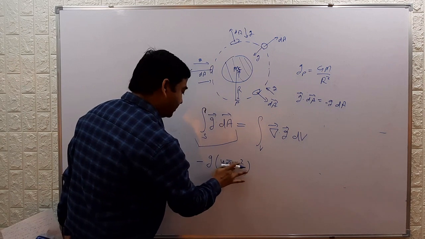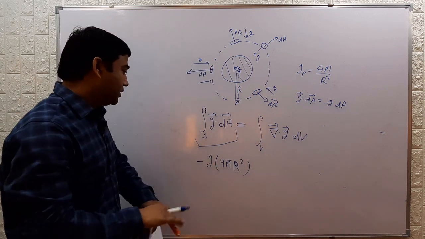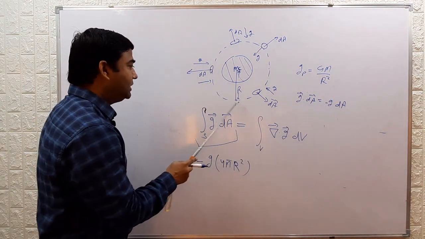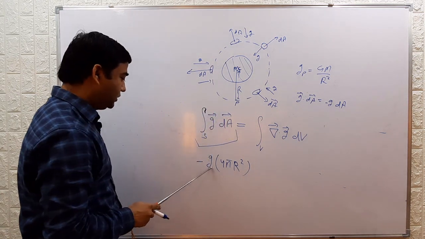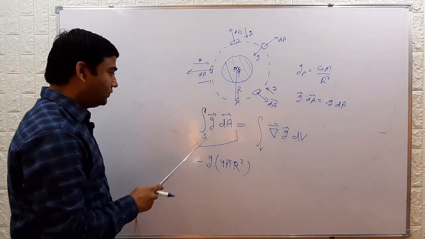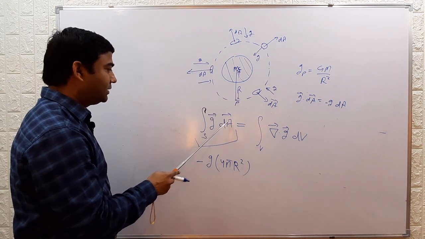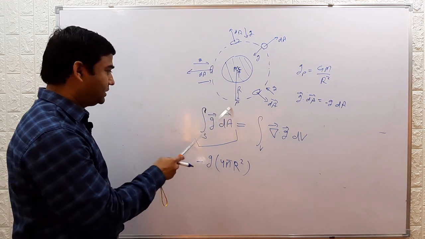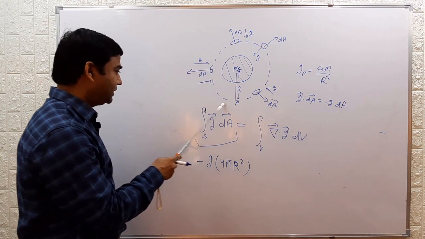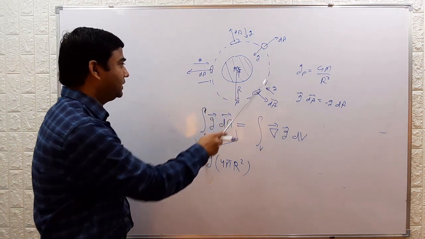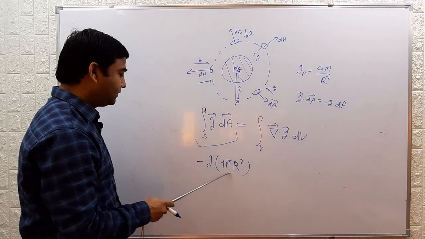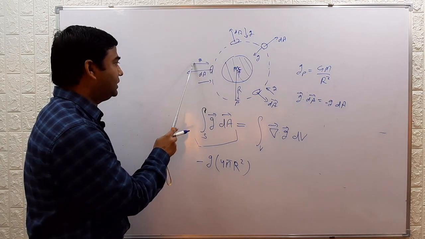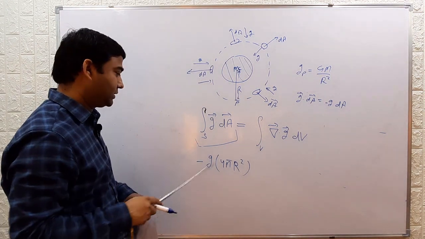So G dot dA for a small area is minus G dA, and G is the same for all points, so you can take it common. The integration of dA is nothing but the total surface area of this sphere, 4 pi R square. So the surface integration of G dot dA for this spherical volume gives G into the surface area of the sphere, and this will be negative because at every point G and the area vector dA are in opposite directions.